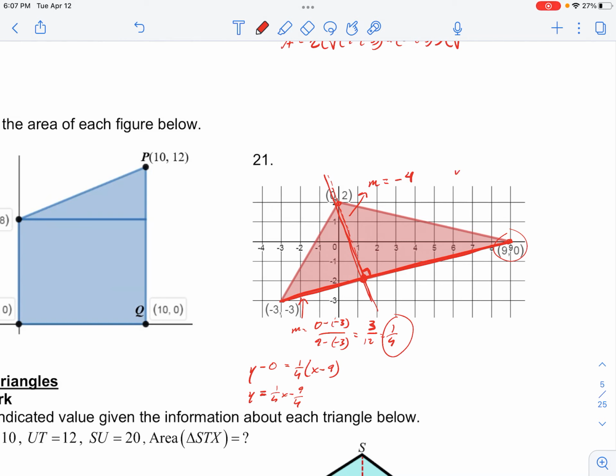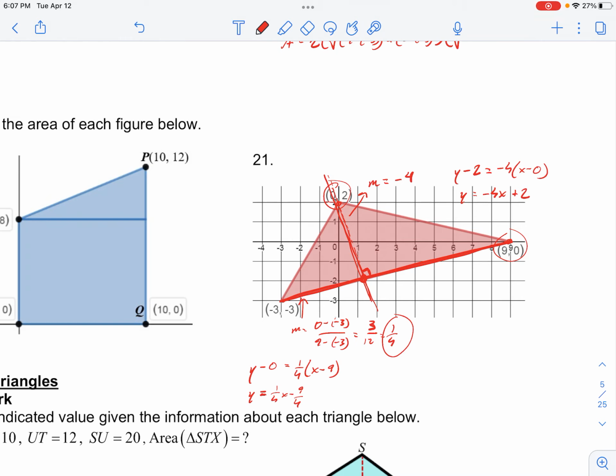So also putting this into slope-intercept form, we have y minus y1, and we choose y1 as the y coordinate of the only point on the line that we know. So that'll be y minus 2 is equal to -4 times (x minus 0), so we have y equals -4x plus 2.